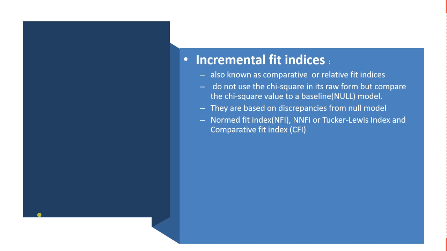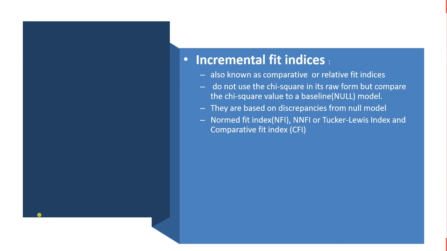Another category includes the incremental fit indices. They are also called comparative or relative fit indices. Why? Because they do not use chi-square in its raw form, but they compare the chi-square values to a baseline, a null model. And remember that in absolute fit indices, I said that no model comparison is done from a baseline or any other model.